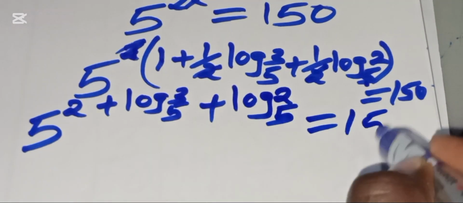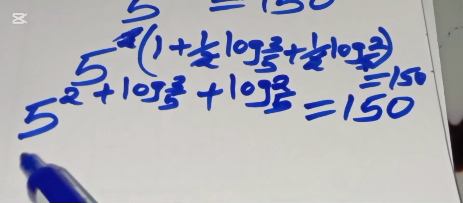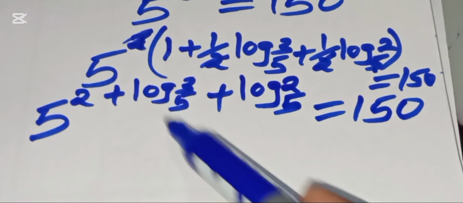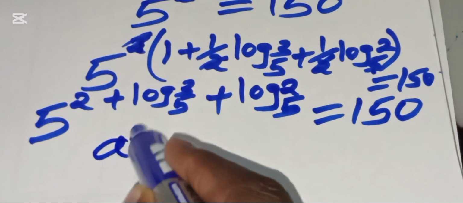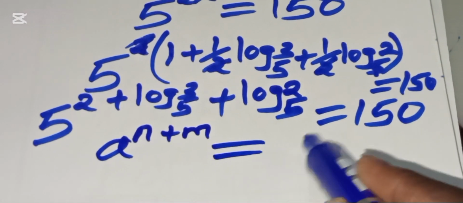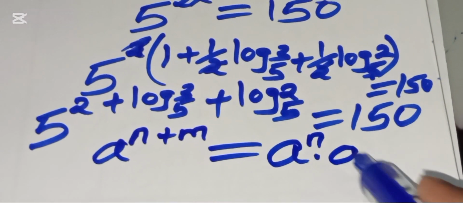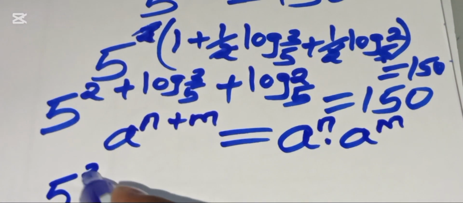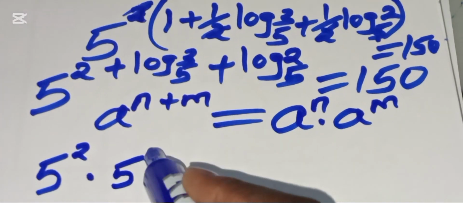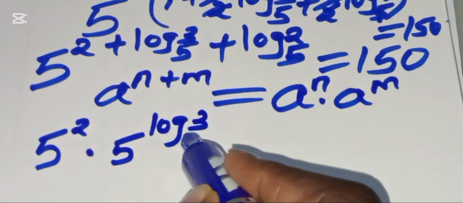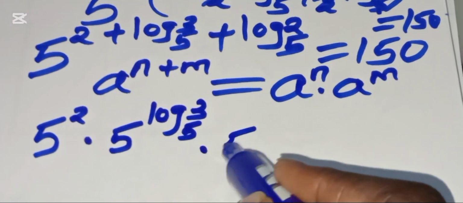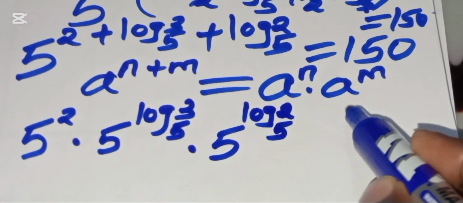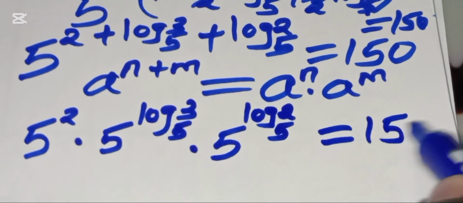So 5 raised to power 2 plus log 3 to base 5 plus log 2 to base 5 is in the form of a raised to power n plus m, which you can transform to a raised to power n multiplied by a raised to power m. We'll have 5 raised to power 2 multiplied by 5 raised to power log 3 to base 5 multiplied by 5 raised to power log 2 to base 5. This is supposed to give us a value of 150.